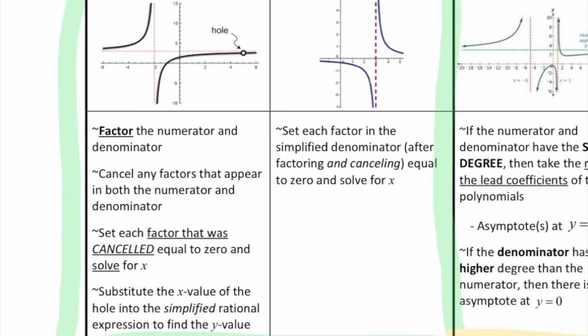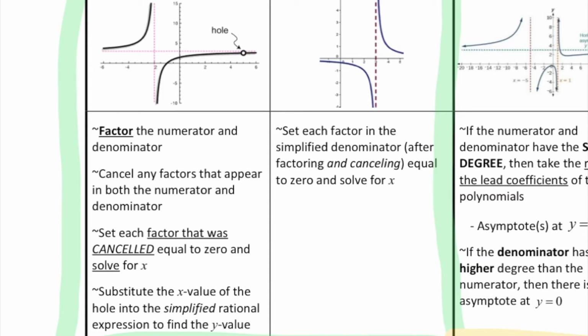I am also going to ask you to find the y value of the hole, and we'll walk through a couple examples of that in the rest of this packet. You essentially cancel the factors that can cancel. Make note that that's the x value of the hole, and then substitute that x value back into the expression after having canceled.